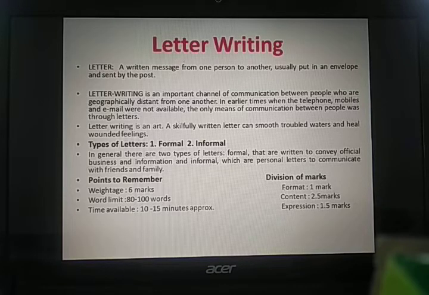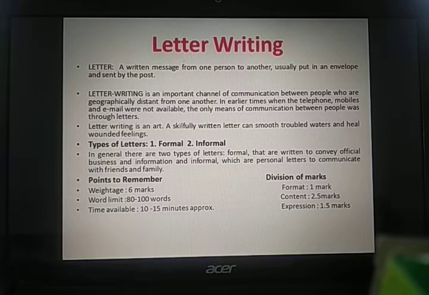The word limit will be 80 to 100 words for you. It may be 60 to 80 also in some of the cases. And for the time, you have to complete writing the letter within 10 to 15 minutes approximately.